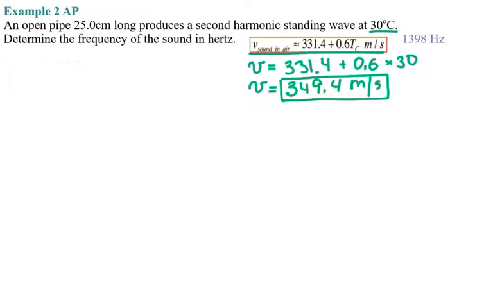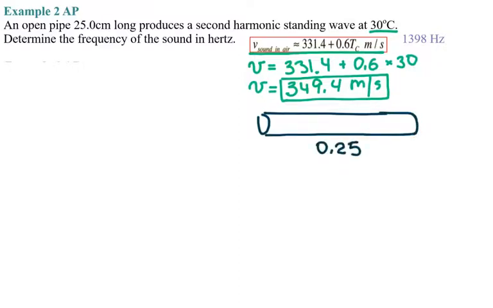And they say an open pipe with the second harmonic, right? So the pipe is 0.25 meters. And when they say an open pipe, it means open on both sides.